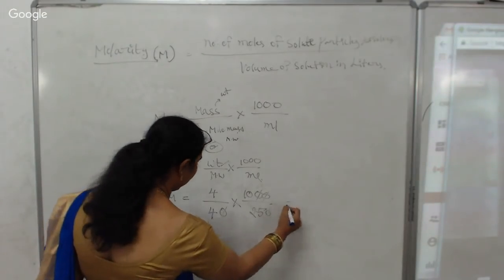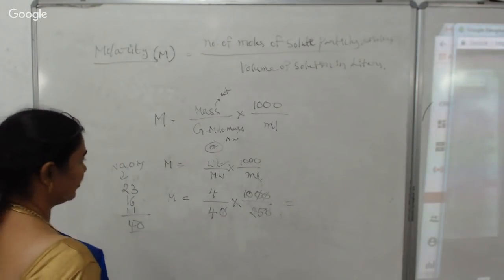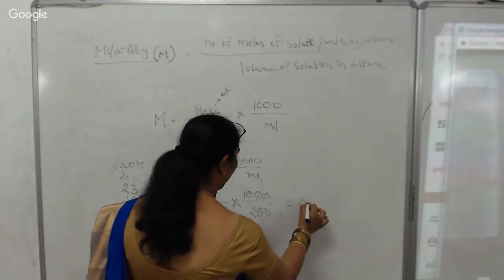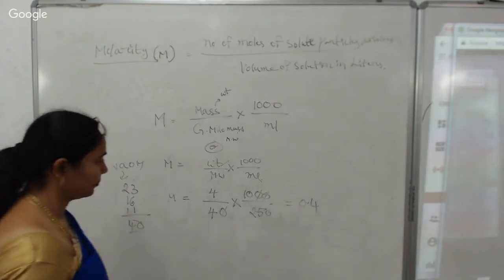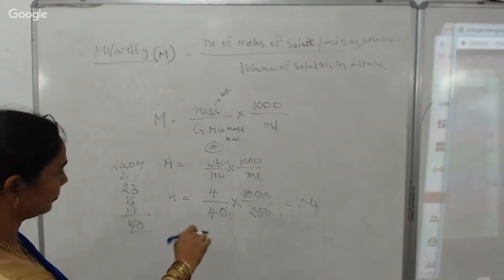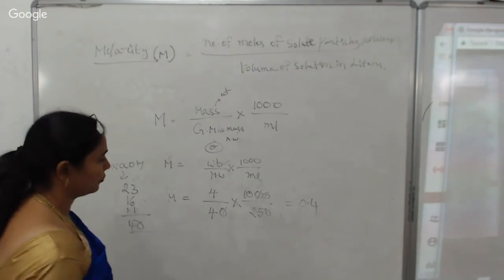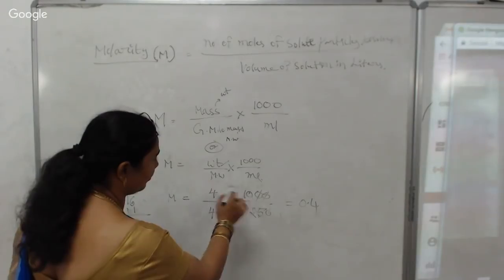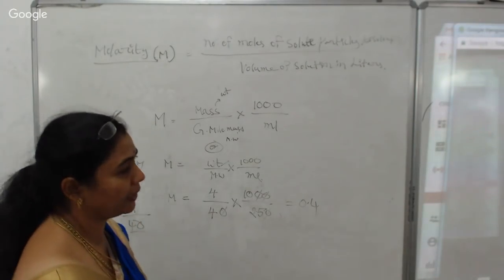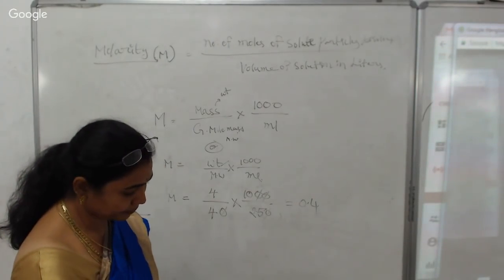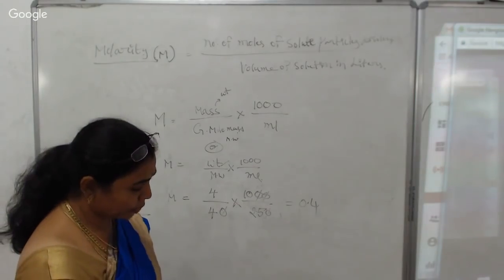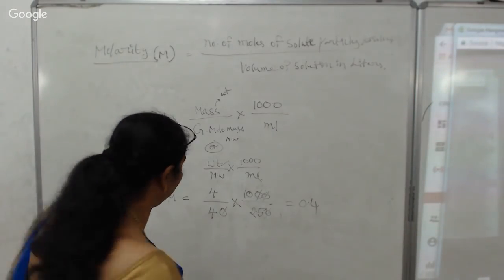Just calculate, roughly you will get 0.4. So you will get 0.4 here.